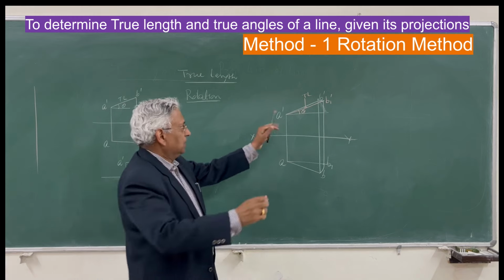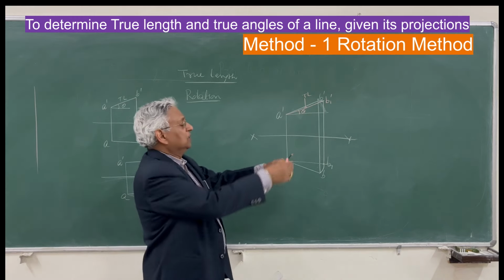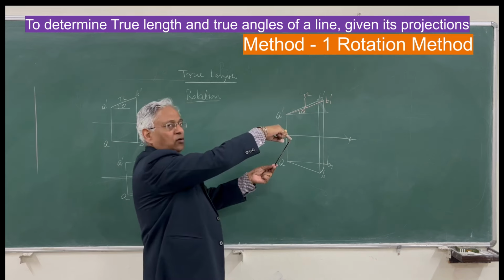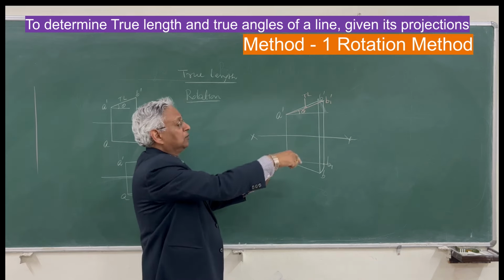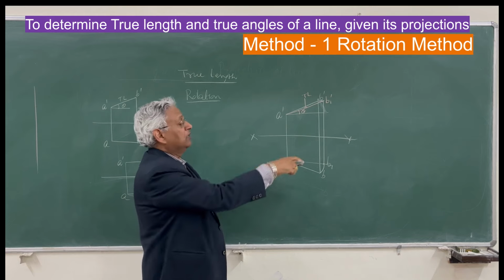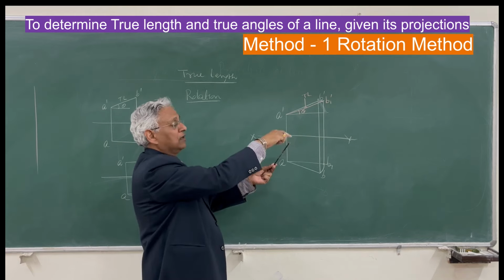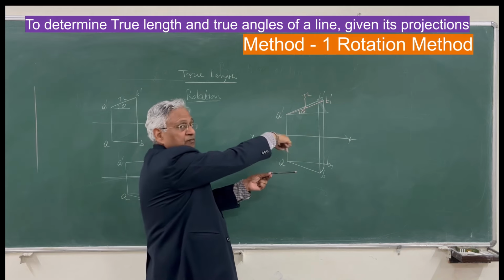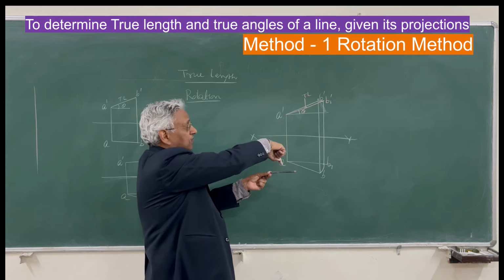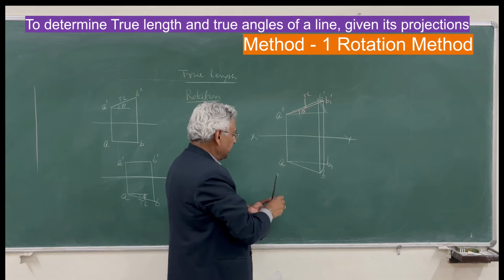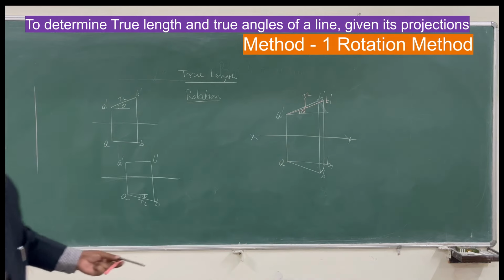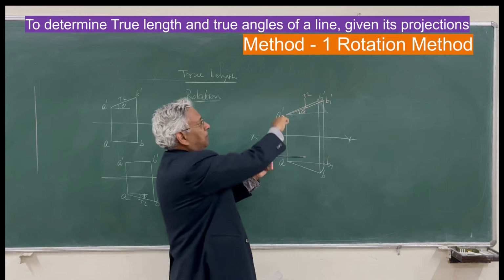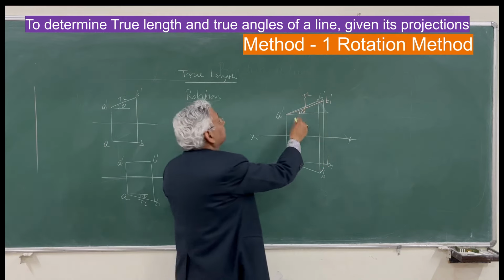Similarly, to find out angle phi, you can rotate this line and make it parallel to the horizontal plane. Rotate this point and make it parallel to the horizontal plane. And when you are rotating this point to make it parallel to the horizontal plane, you do not change this distance. It remains the same, otherwise this angle will change. So in the second case, what we do, make this elevation parallel to the ground.